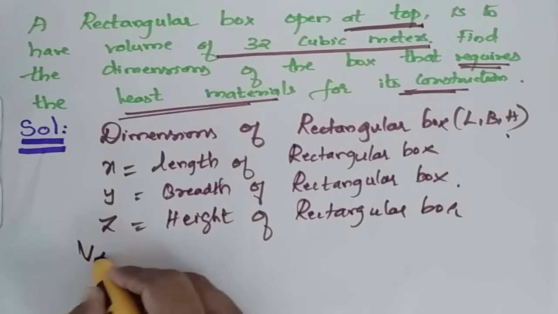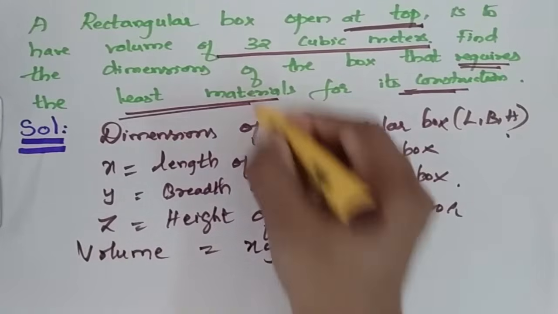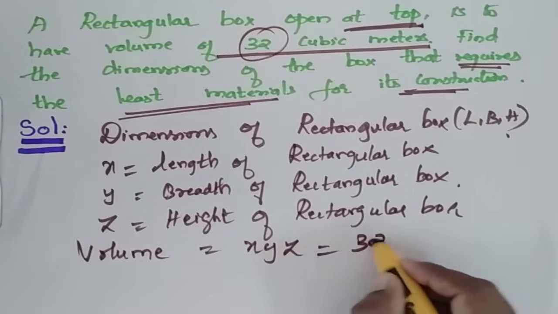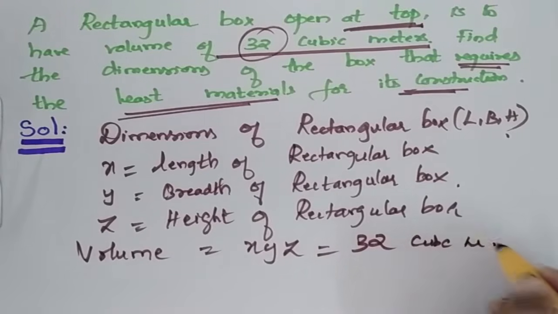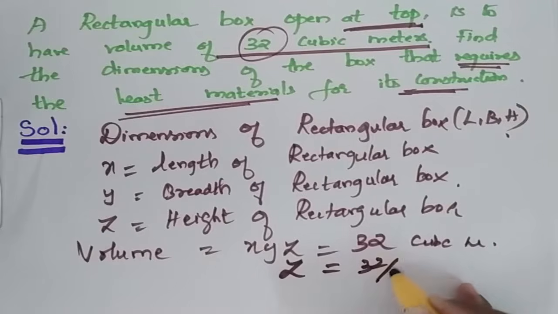Okay, volume is equal to XYZ is equal to 32 cubic meters. Okay, so Z is equal to 32 by XY.